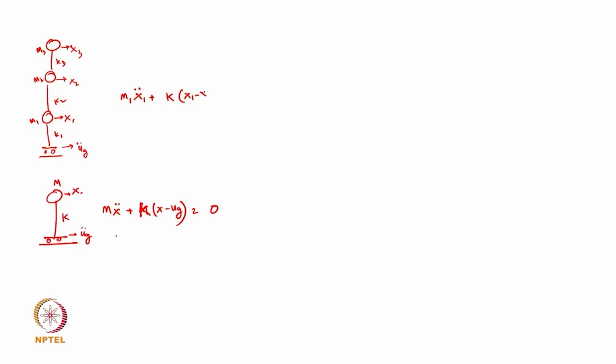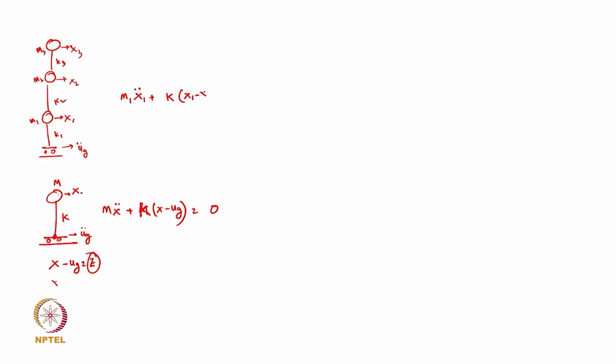Now we change it: x minus ug should be z, that is the relative coordinate system. Suppose some person is standing at the base point, then how the top mass is moving with respect to the base point, that is z, the relative.